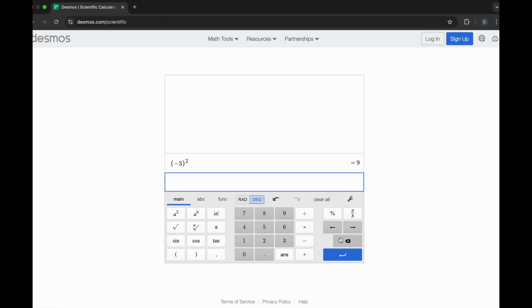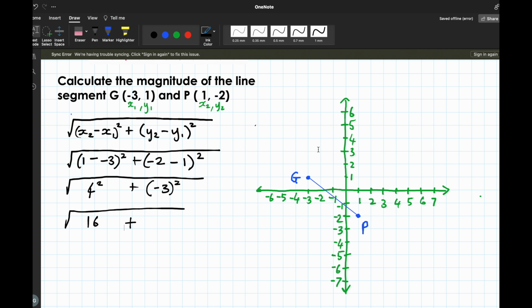We put the brackets in so your calculator knows you want to square -3, meaning -3 times -3. So -3 squared is equal to 9. 16 plus 9 gives us 25, so the square root of 25 is 5, therefore we have 5 units. Does that make sense? All right, lovely.